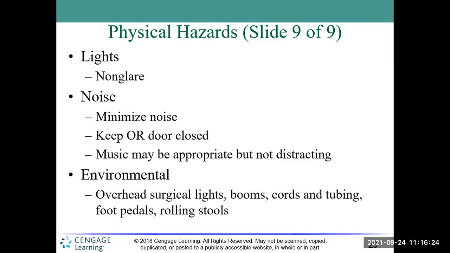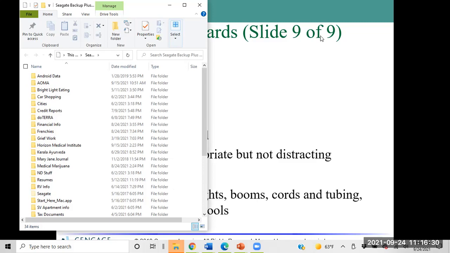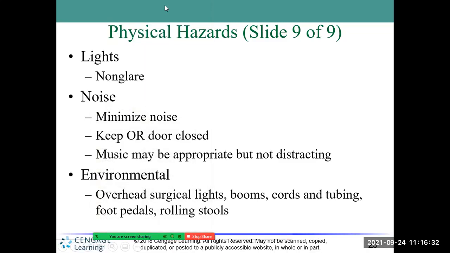Noise is kept to a minimum in the OR with the exception of music. The doctors are very particular about what type of music they need while they're operating.